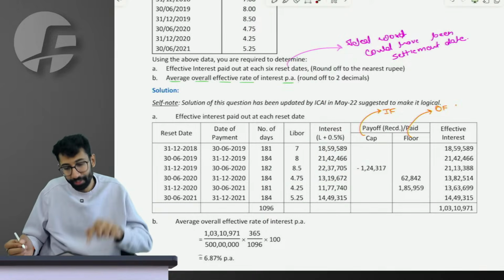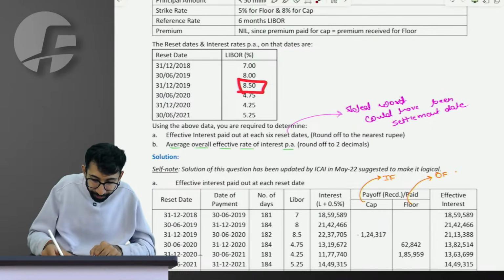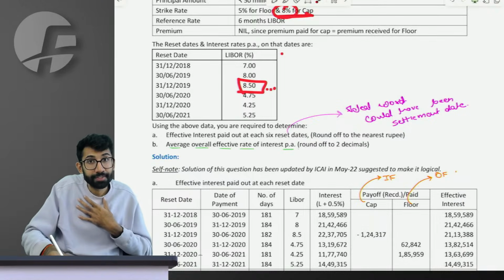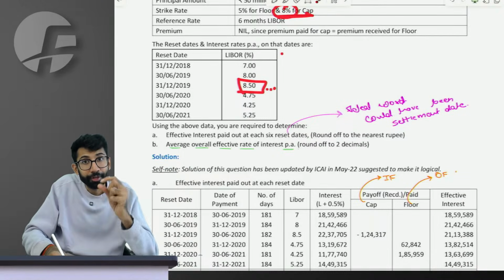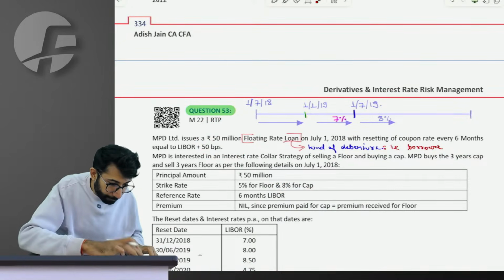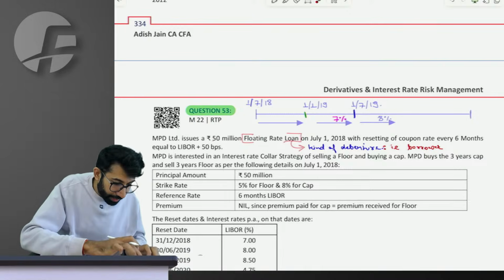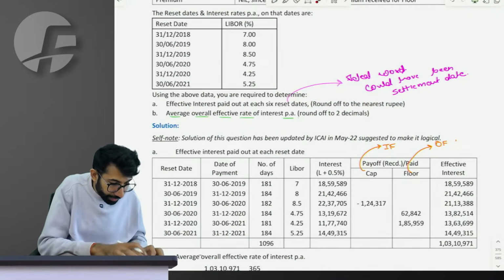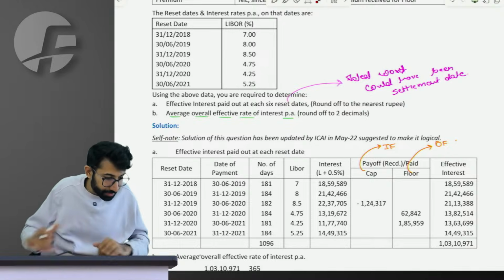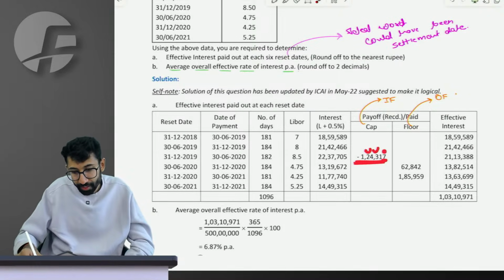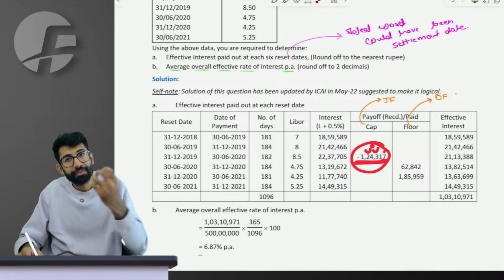Now think about the derivative. Sir, 8.5 is the rate. I have an option to borrow at 8. Will I exercise? Yes. How much is my gain? 0.5%. So 50 million into 0.5% into 182 divided by 366 is 124,317 on a rounded off basis, the amount of payoff I receive.